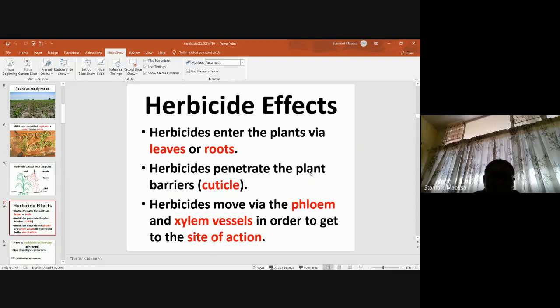So you've got herbicides which can penetrate the plant barriers, that is the cuticle. Herbicides can move via the phloem and the xylem vessels in order to get to the site of action.